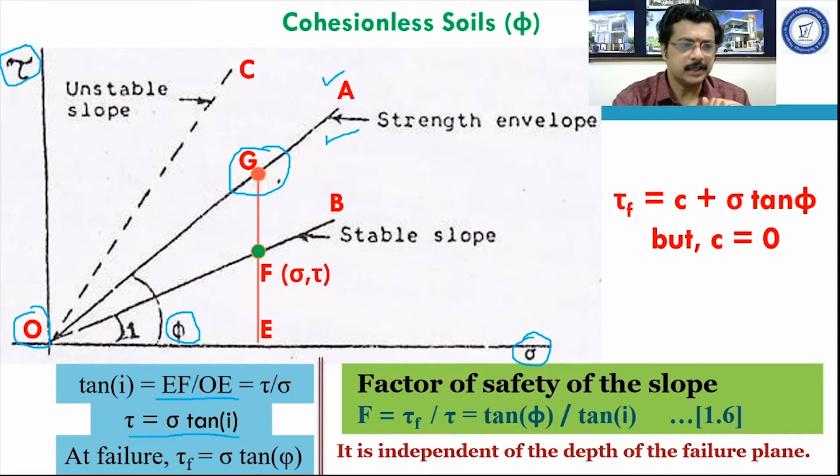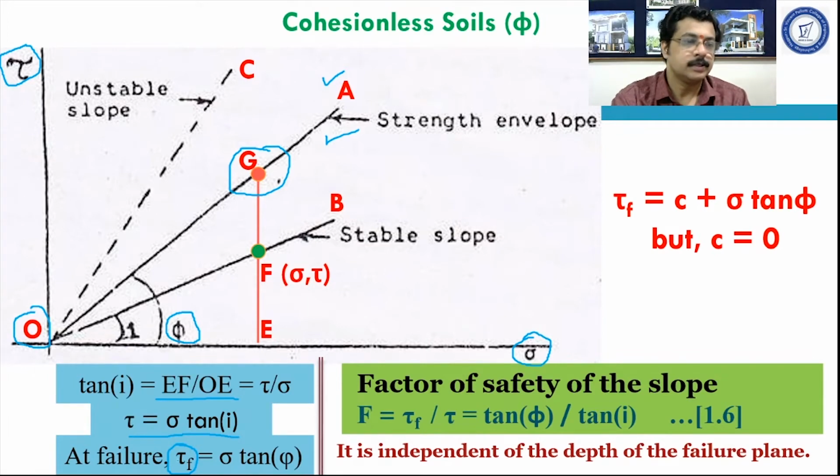So at failure, tau F, how has it been calculated? It has been calculated in the same way as we found the shear stress tau. How? See, point O, point E and point G, these 3 points form a right angle triangle. So tan phi will be the opposite side GE divided by the adjacent side OE.